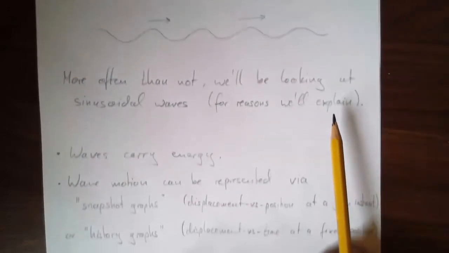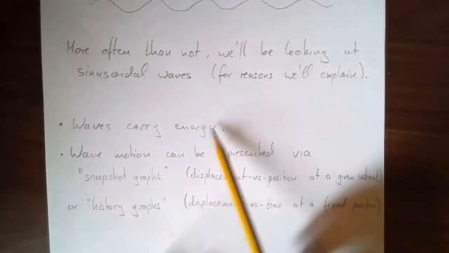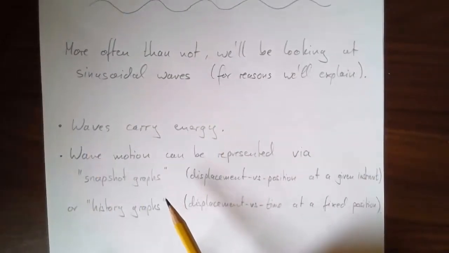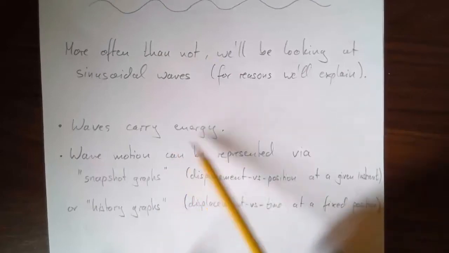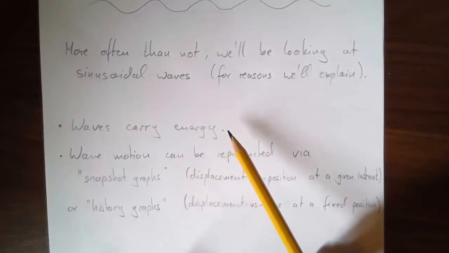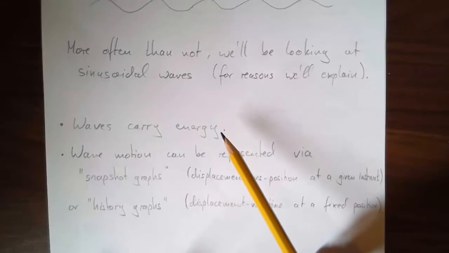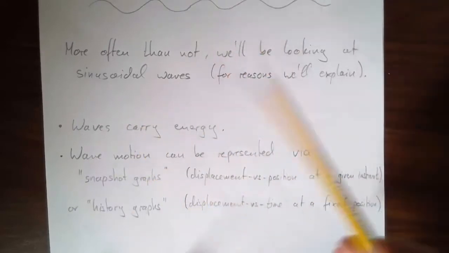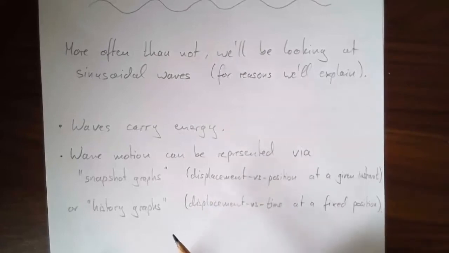Okay, almost there. Waves carry energy, right? So nothing is physically moving, but they can still carry energy. That is why there's life on Earth, because there's electromagnetic radiation from the sun, little up and down flipping electric and magnetic fields.